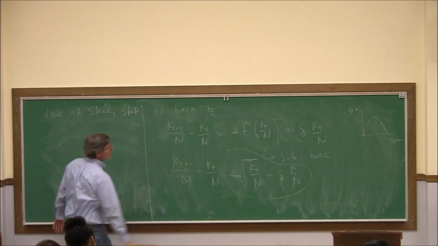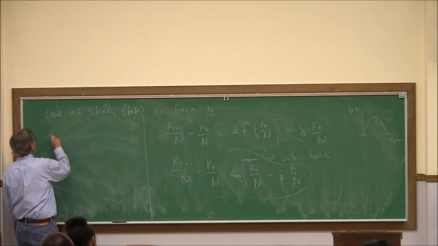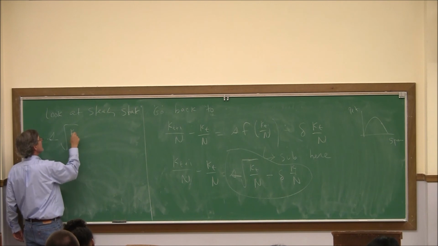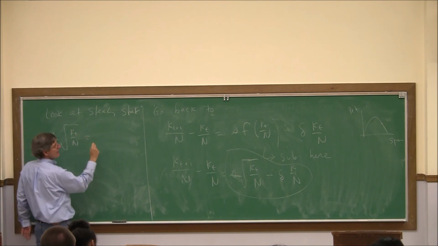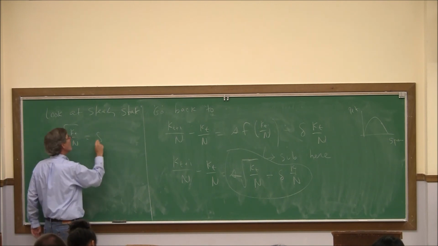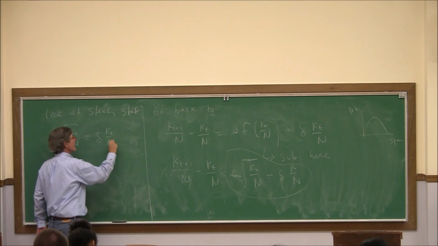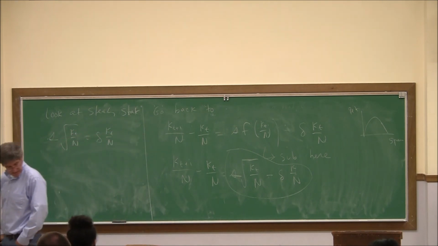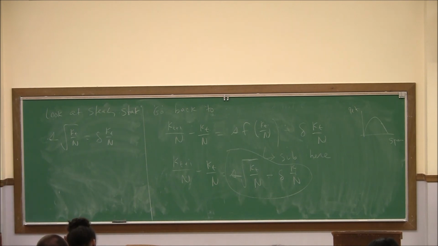Where those two things are equal, so it has to be that s times the square root of kt over n equals delta kt over n. Now I just want to solve for k over n.